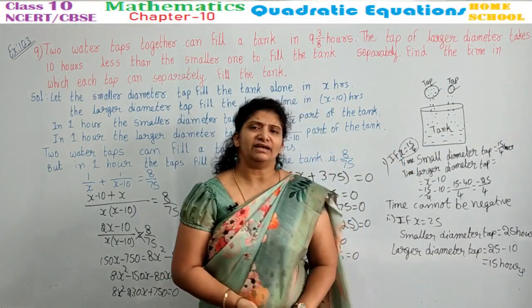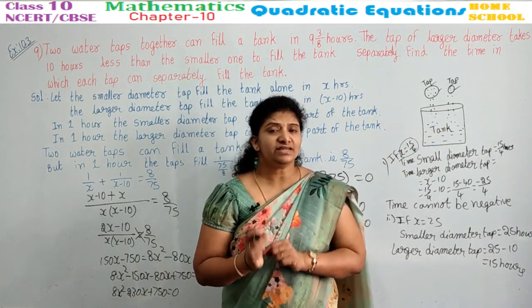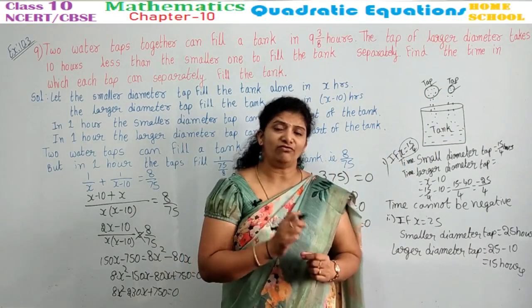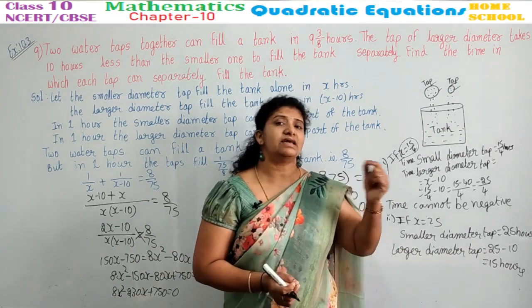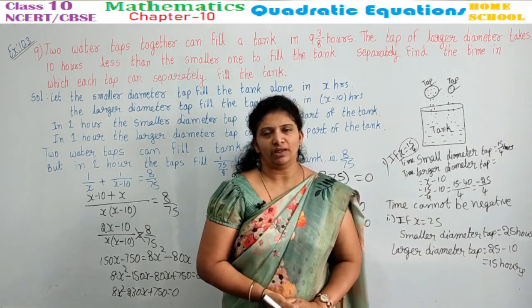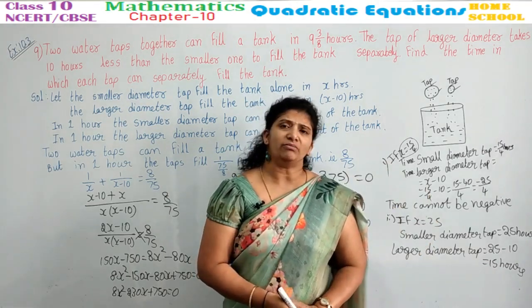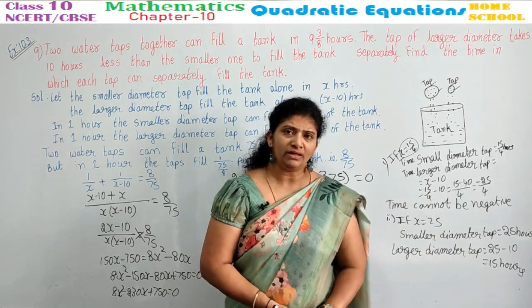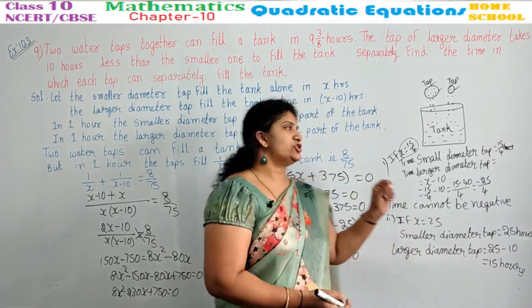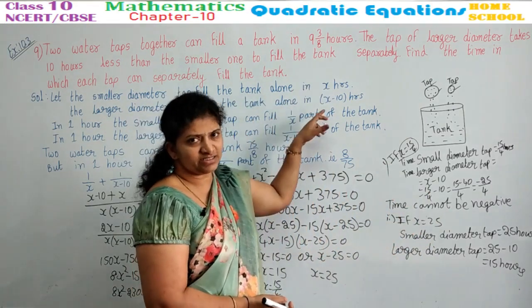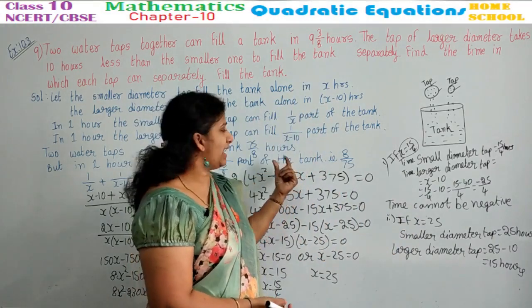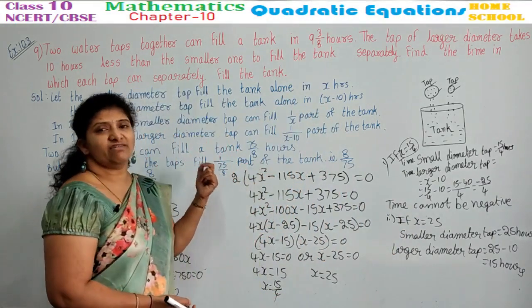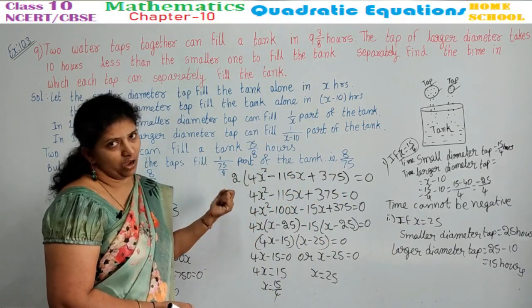And there is a condition that larger diameter tap can fill the tank alone 10 hours less than the smaller diameter tap. By the way, what is the time taken by smaller diameter tap? We don't know. Let us assume it as x, then larger diameter, x minus 10, and then combinedly it will be 75 by 8 hours.